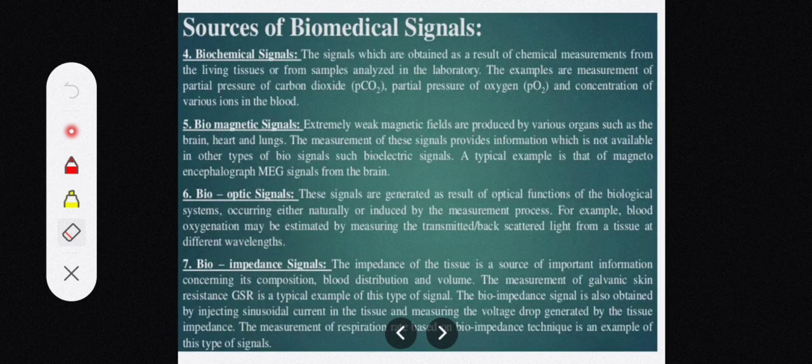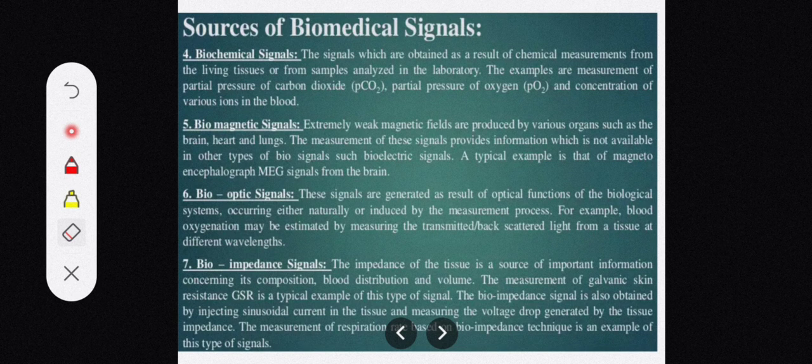The next biomedical signal is the biochemical signal. So what is a biochemical signal? Biochemical signals are those signals which are obtained from the measurement of the chemical composition of a biological system.